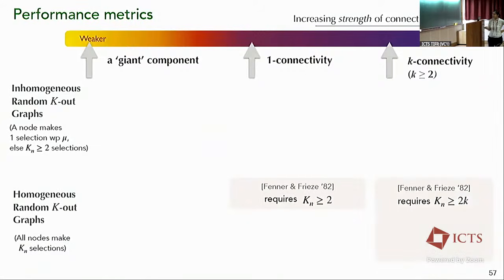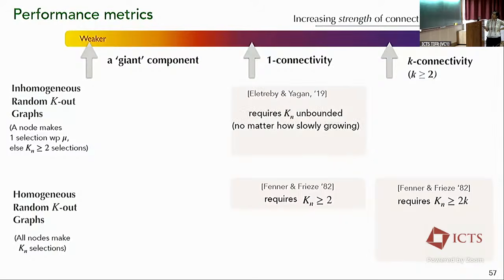So I already talked about this result, which said that for the homogeneous random K-out graph, these two actually didn't have to scale with n, 2 was enough. And moreover, there were results in the same paper which said that if you wanted K connectivity, say 5 connectivity, meaning your network is going to be fine in terms of connectivity, you can take off any 4 vertices you want, but it's going to be fine as long as you set this parameter to 2 times this little K value.